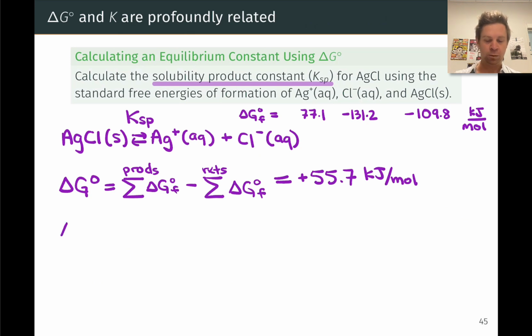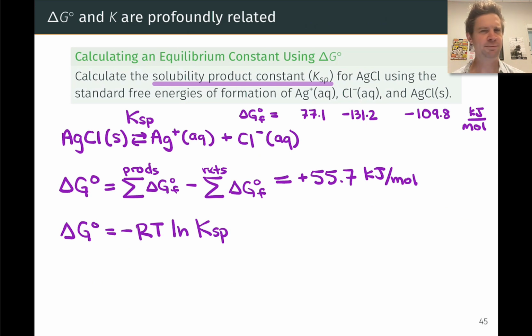Okay, so we have an equation that relates the standard free energy change to the equilibrium constant, which we're calling KSP in this context. And actually, we need to do a bit of mathematical manipulation to get this equation in another form that is, I think, very important to understand and wrap your mind around as well. It's mathematically equivalent to what we've already seen, but it allows us to isolate K, the equilibrium constant, KSP.